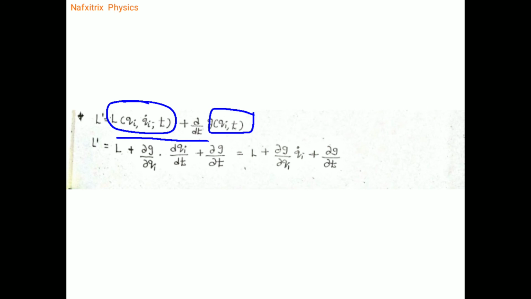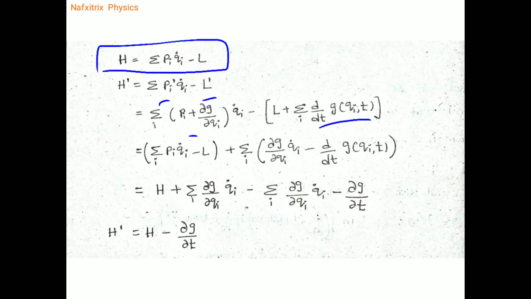In a similar way we might have n coordinates, not just the ith coordinate. The coordinates may be first, second, third, fourth and so on. So hence we have to use summation here.